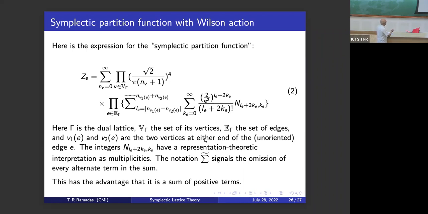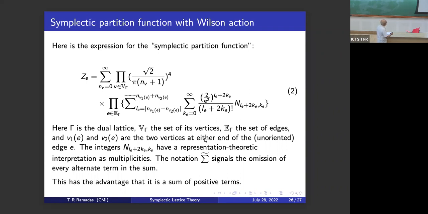Given an assignation of integers, there is a factor which is a product over all vertices of the dual graph. And then there is a factor which is a product of factors for every edge of the dual graph. Given an edge, it goes between two vertices, which I call V1 and V2.